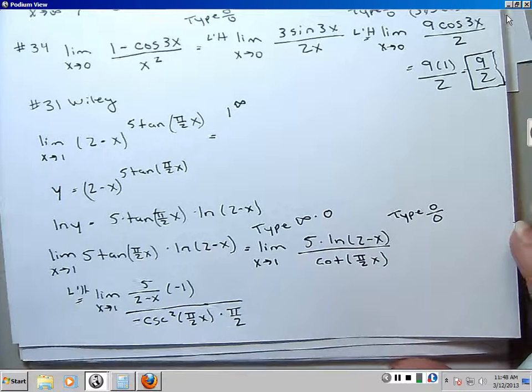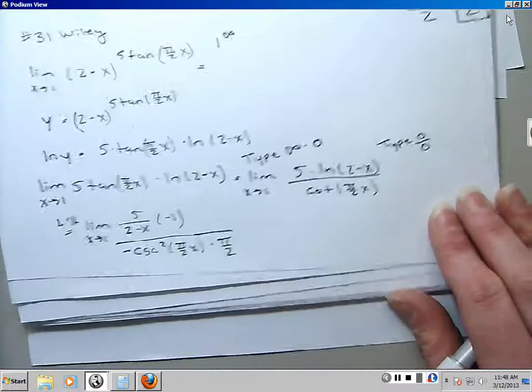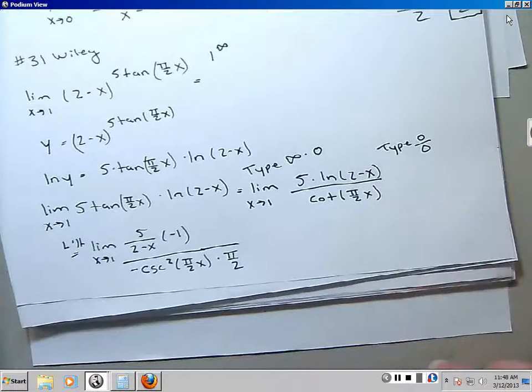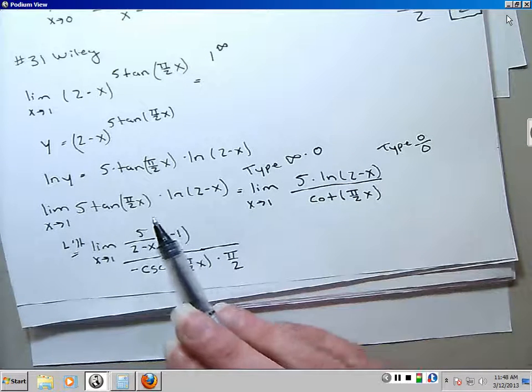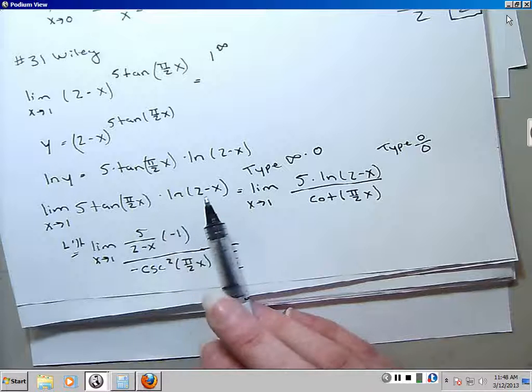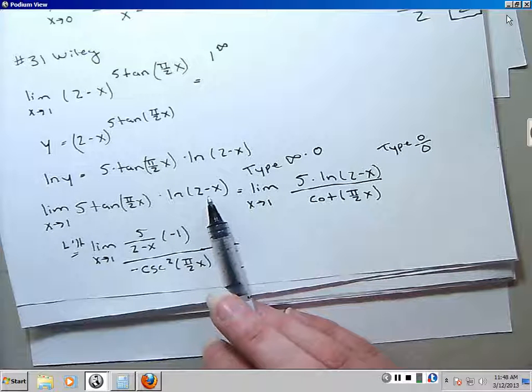How do you get cotangent out of it? Because I brought tangent down. So if I bring tangent into the denominator, I need to write it as 1 over tangent. But I thought tangent wasn't defined.